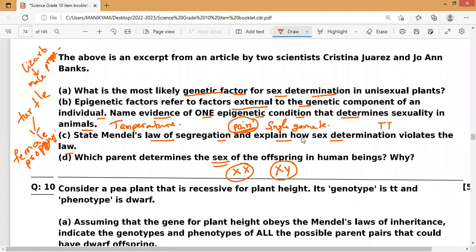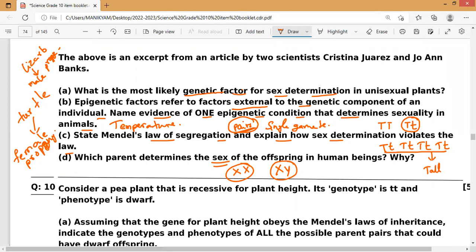Either it can get capital T, or one is enough to show the characteristic, capital T and small t. So that is why you can see in the F1 generation we are getting all the plants capital T, small t, capital T, small t, capital T, small t, capital T, small t. So if you notice, all the plants which we are obtaining are tall plants only.